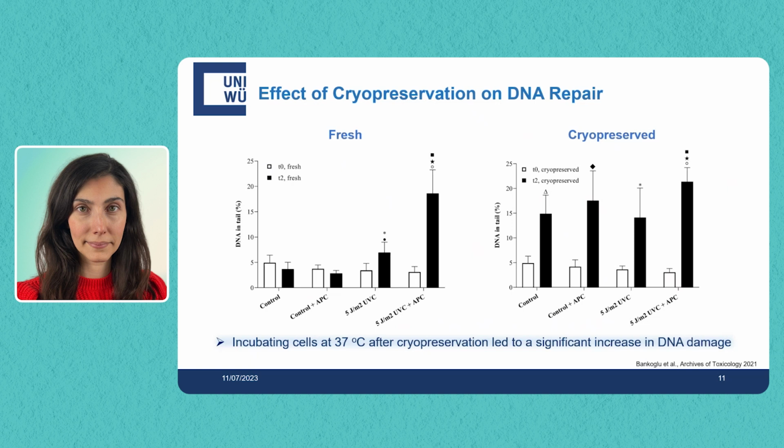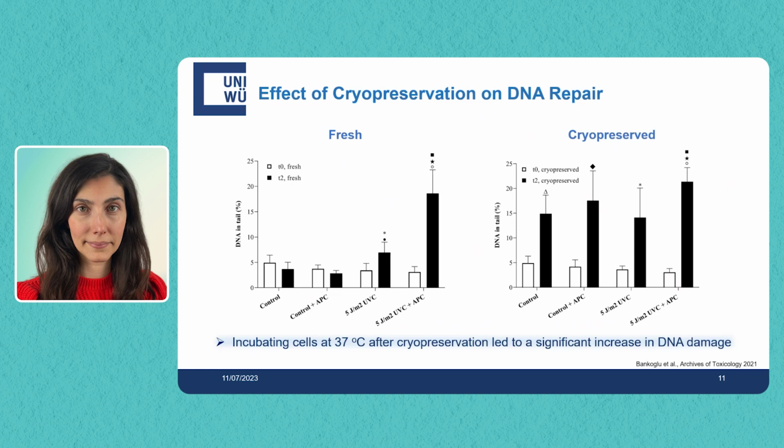So you can see here at time point 0, directly after treatment, in control the background level; aphidicolin doesn't do any damage by itself, and we have 5 joules per square meter UVC. That doesn't do anything alone. We also don't expect it at that dose because it doesn't induce strand breaks. And with the combination of inhibitor, we also don't see much.